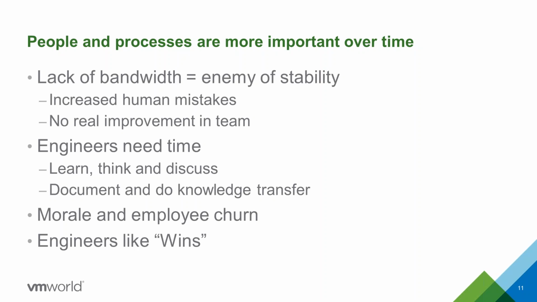When you don't have enough time to do the things that you have to do, even the menial or the things that are not as visible, then you will have increased human mistakes, and really the team doesn't improve over time. If you're just in firefighting mode all the time, the team doesn't improve.